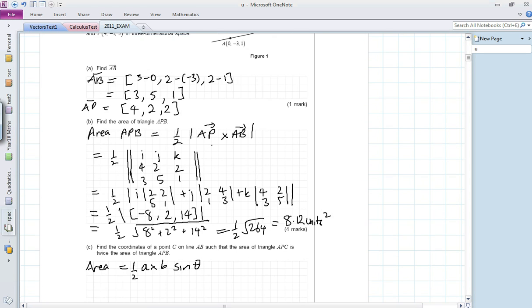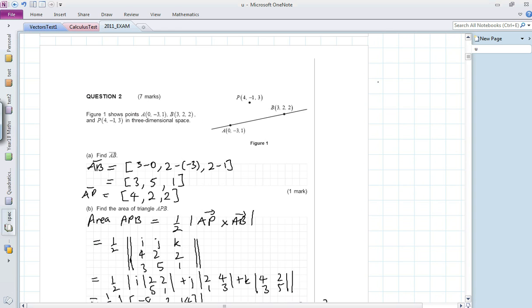So effectively what we need to do here is double the distance from A to C. Let's put C here. This distance from A to C must be double the distance from A to B. So if that's a distance of 1, then that has to be a distance of 1.